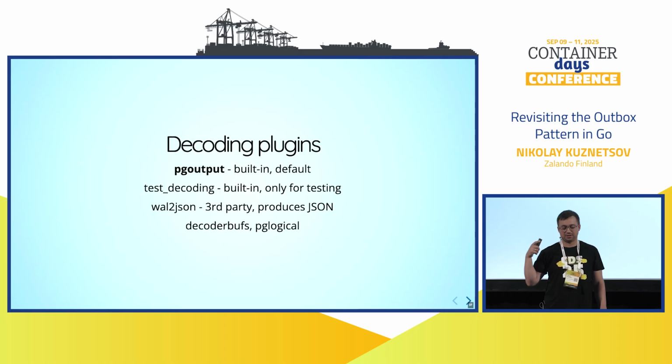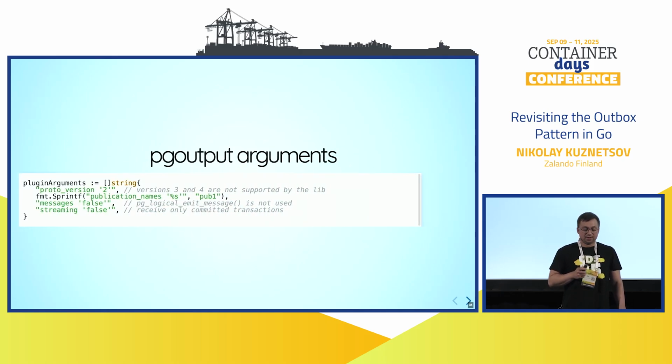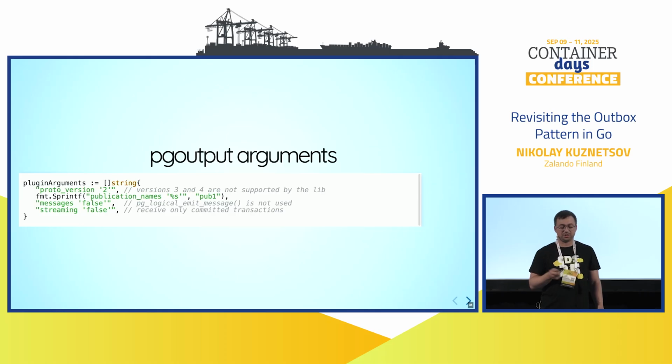You read from the outbox table and get JSON immediately. But it would need to be installed as an extension to Postgres beforehand. So we need to configure the plugin pgoutput. Let's use this low-level pgoutput plugin.